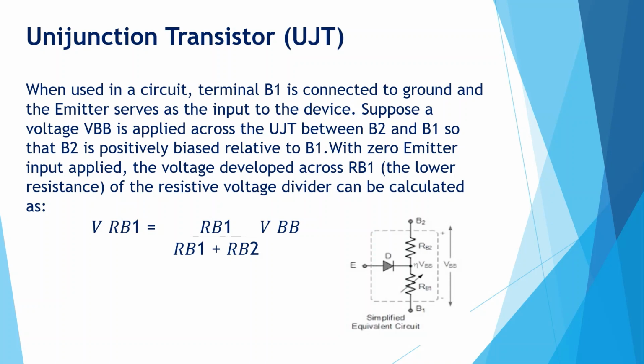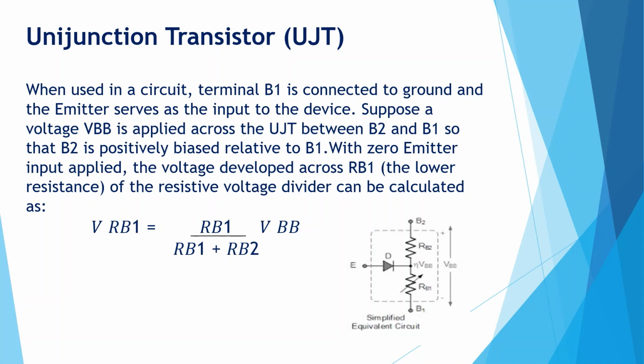RB1 upon RB1 plus RB2 is called eta, the intrinsic standoff ratio. So VRB1 is equal to eta multiplied by VBB. If the voltage across the emitter exceeds the potential across RB1, then the device will be switched on.